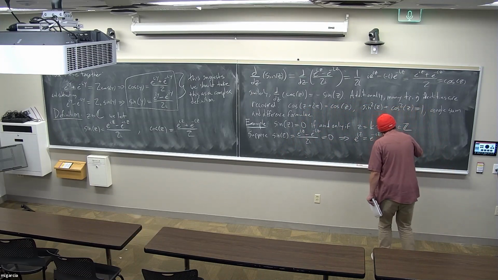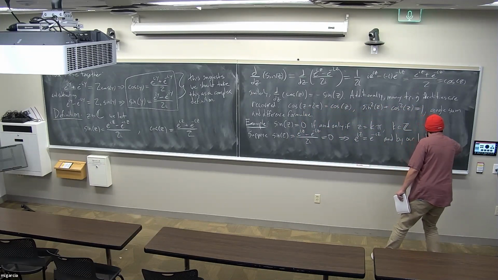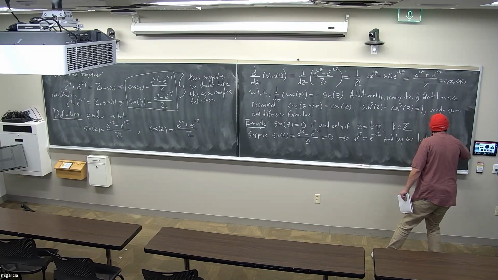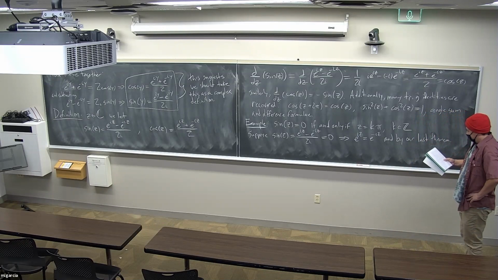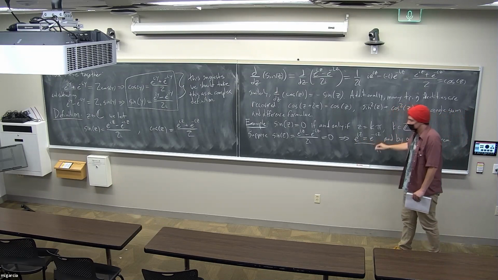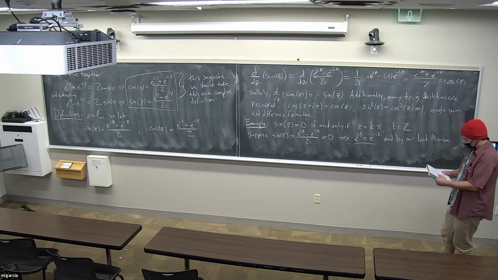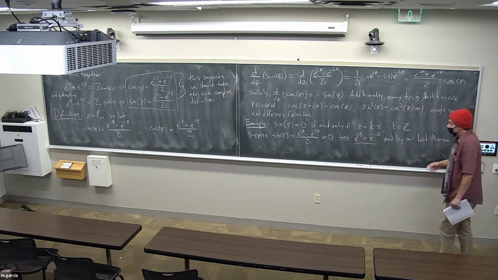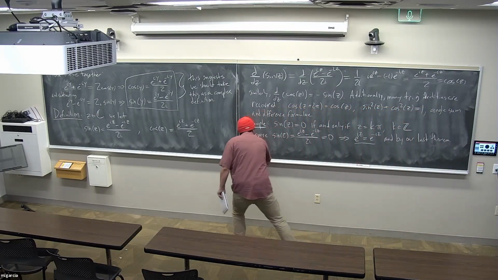And by our last theorem, what do we know about iz and negative iz if we know this equality? It only happens if they're separated by 2 pi ki. That is to say the exponents, right? Exactly.